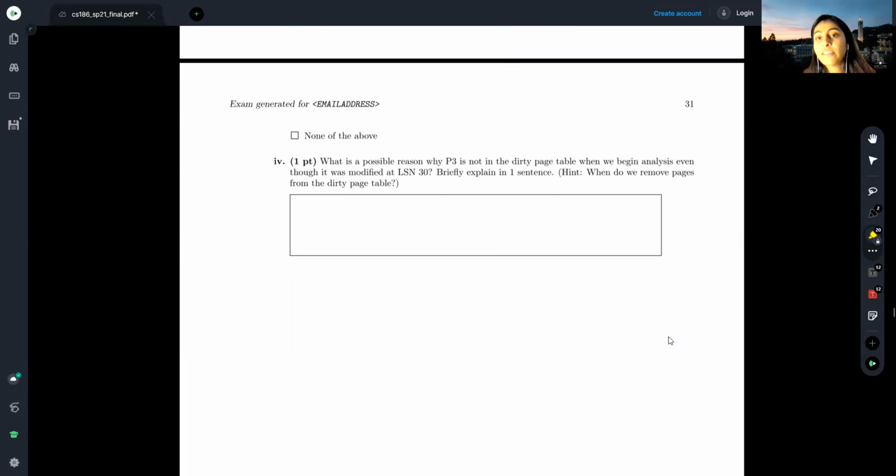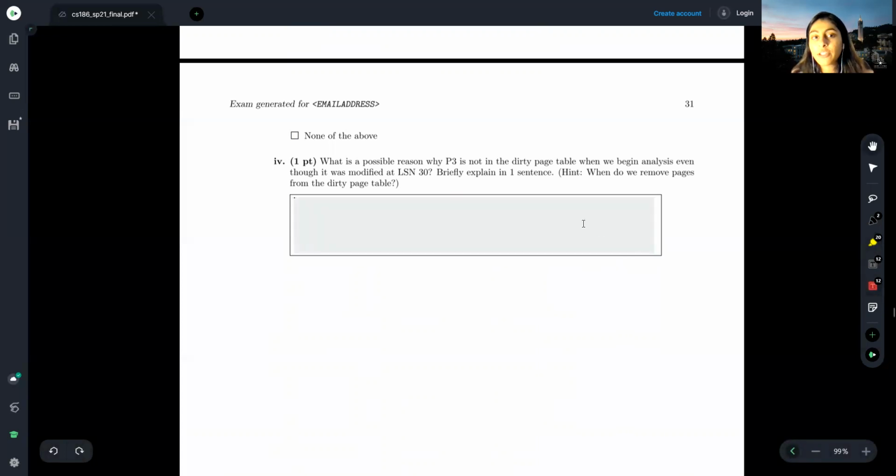So if P3 is not in the DPT, even though it was modified at LSN 30, it's probably because at some point it was flushed to the disk for whatever reason. And so it no longer needs to exist in the DPT. That's the only reason why we would expect P3 not to be in the dirty page table. So the answer here would be P3 may have been flushed before the checkpoint.